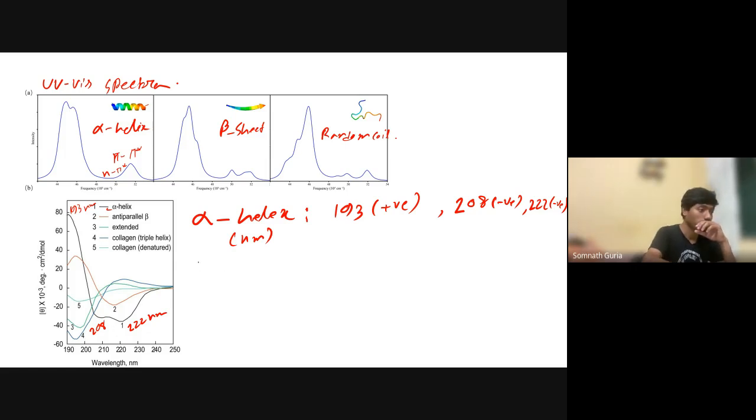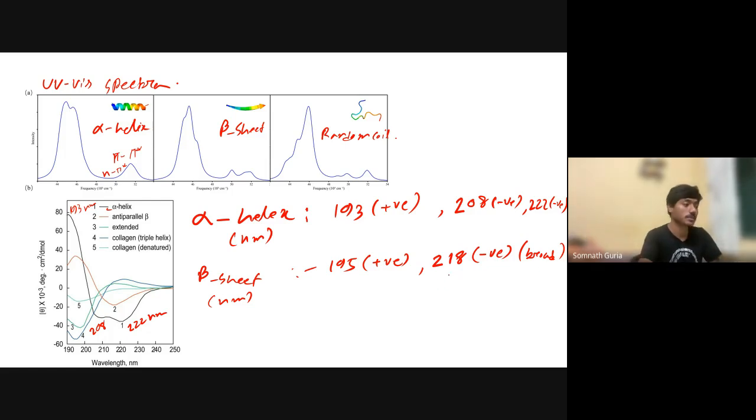Similarly, for the beta sheet, we have a characteristic of 195 nanometer positive and 218 nanometer broad negative, a broad negative spectra.